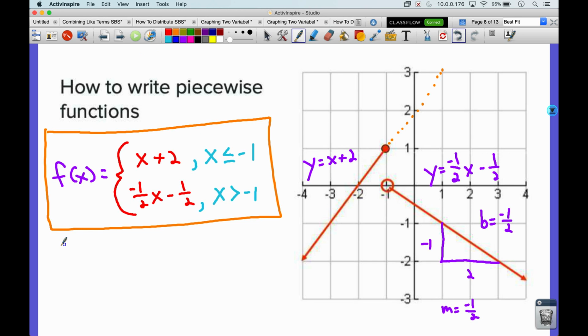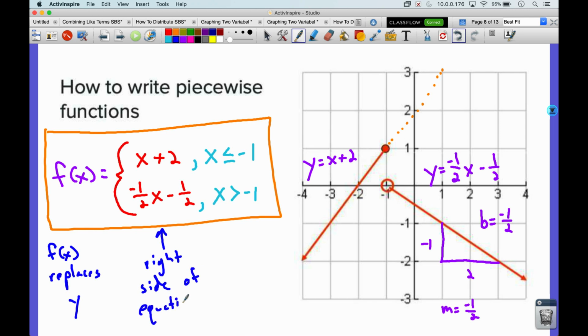So let's just label a few things here. F of x replaces y. This is just the right side of the equations.